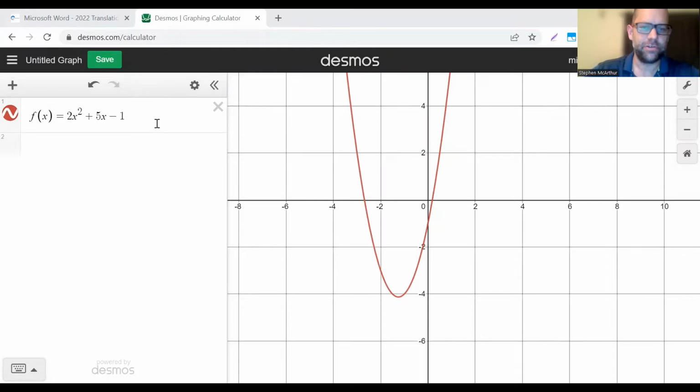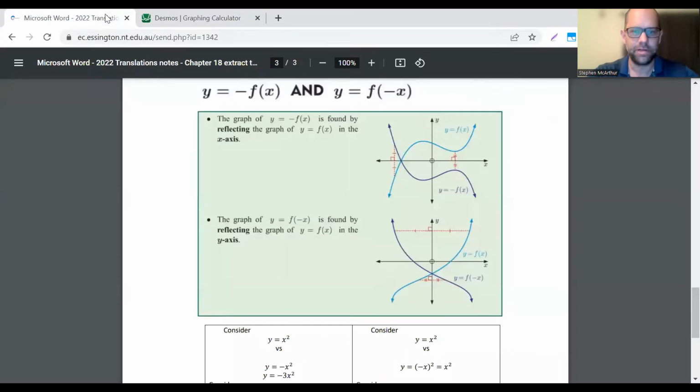We're going to have a look at some reflections in the x-axis and some reflections in the y-axis. So quickly look at our notes. I've got a rule here. If you look at the top right-hand side, we've got a light blue line above the x-axis that trends upwards as it heads to the right.